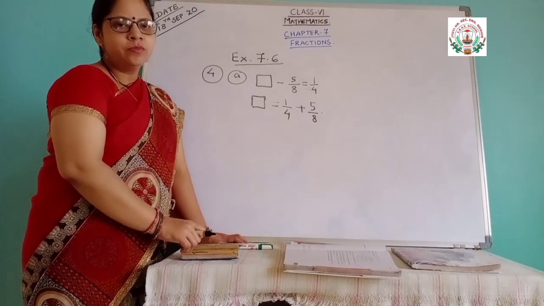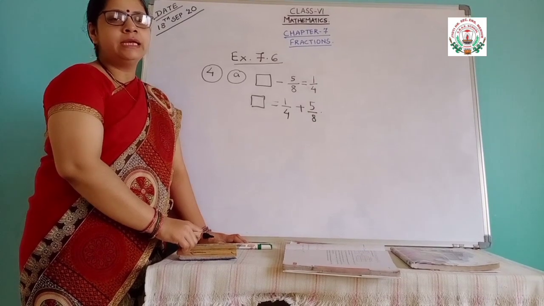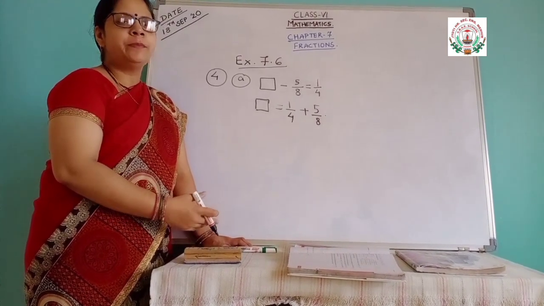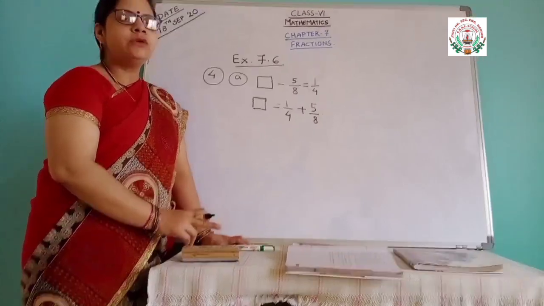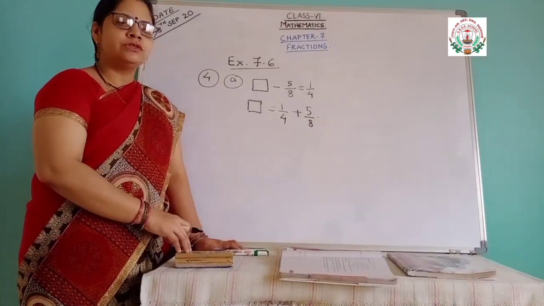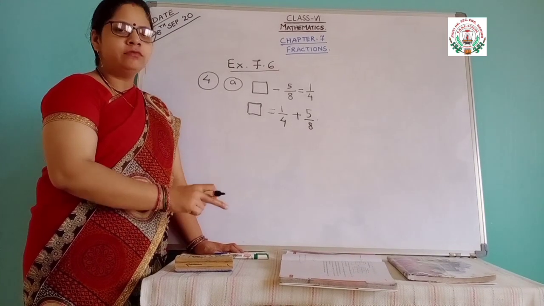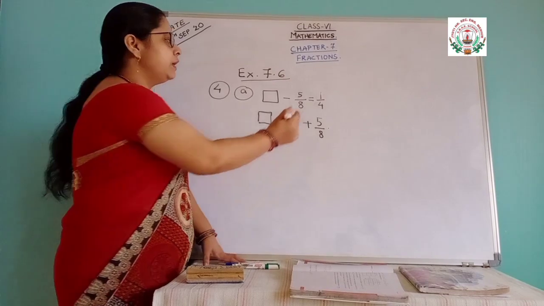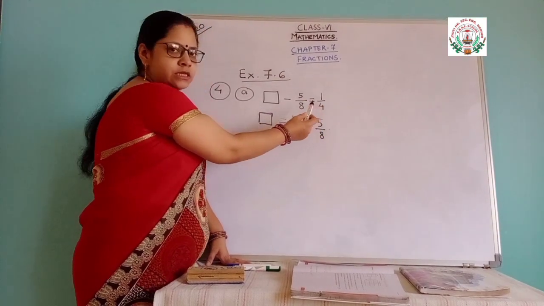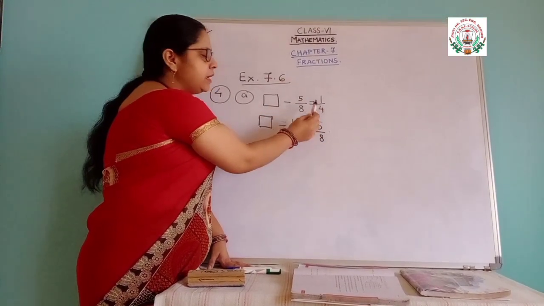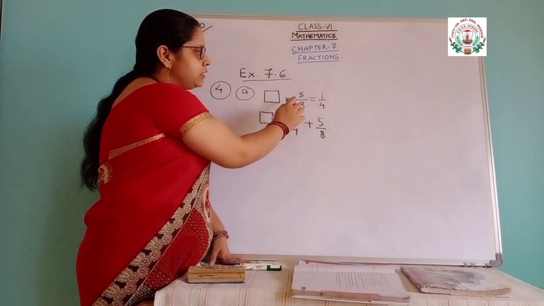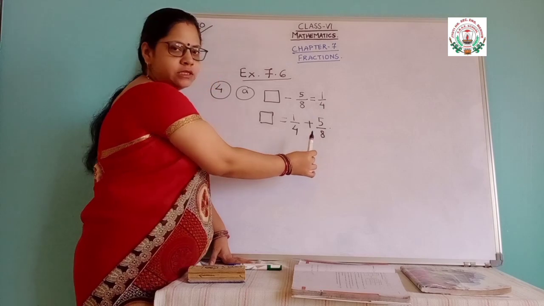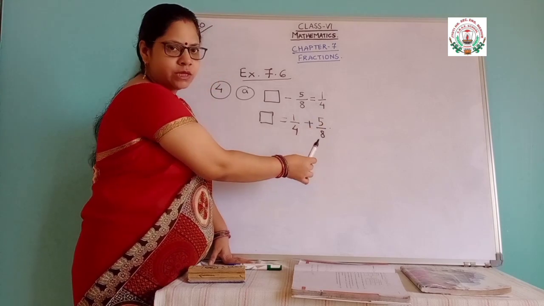They will never give. Or suppose you come a little late for paying fees, and already 10 parents are standing there. Will you get the space at the first position? You will never get it. You have to join at the back only. That is the rule actually. So whatever number or fraction is already there will stay there, and what you change and send to the other side will join the next space, at the last space you can say.